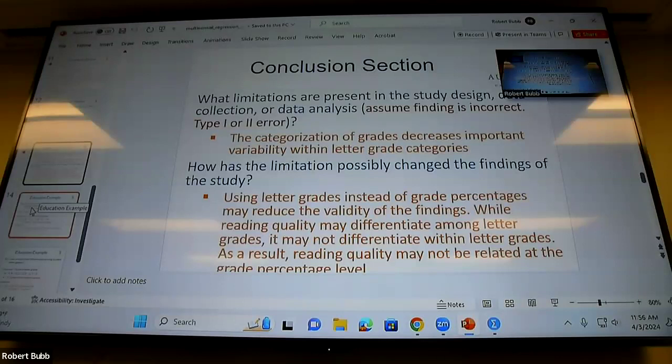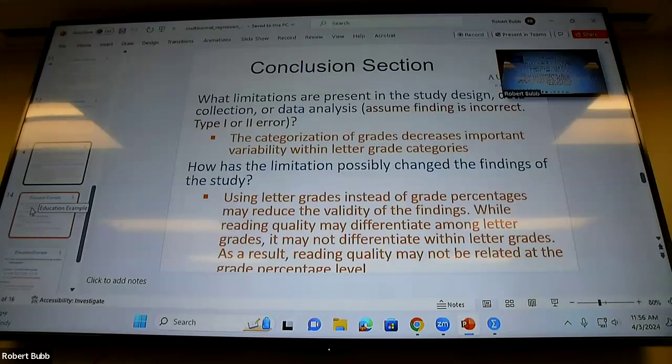So I was wondering, if reading quality differentiates among letter grades, does that mean that whatever they were doing actually impacted the letter grades for the students? I'm not sure I'm following. Is there any variables?